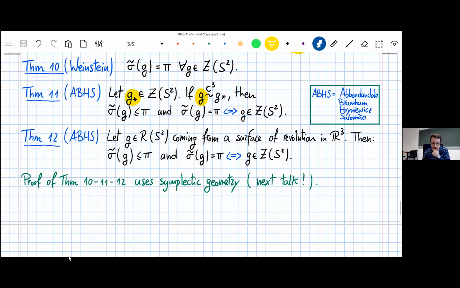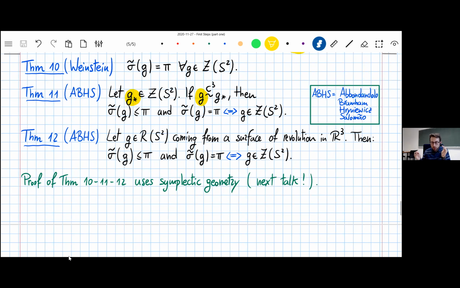Another very interesting result is that you know also something very strong for metrics coming from surfaces of revolution in R3. These are also very recent results by ABHS. They can prove that also in this case the Zoll metrics are maximizing. So if you take just surfaces of revolution, then among surfaces of revolution, Zoll metrics are actually global maximizers.